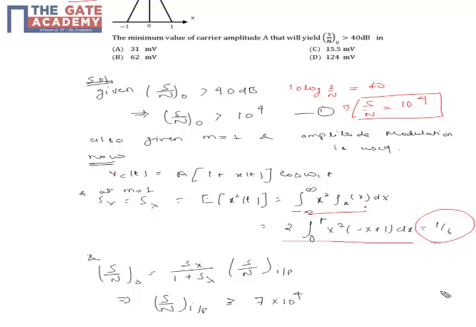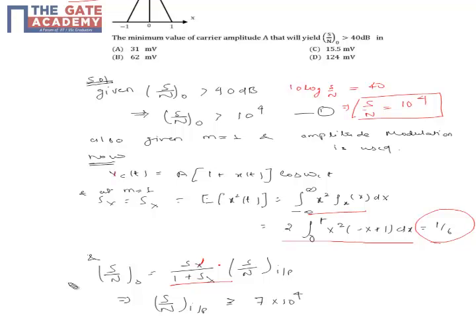Now it is given that our S by N at the output is greater than 10 raised to the power 4, and we also know that the relation between the output SNR and the input SNR is as follows. S by N at the output is equal to S_x upon 1 plus S_lambda into SNR at input.